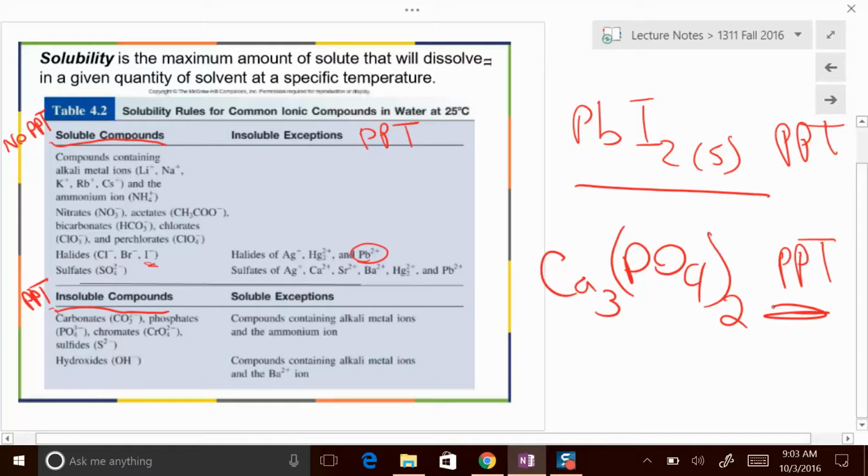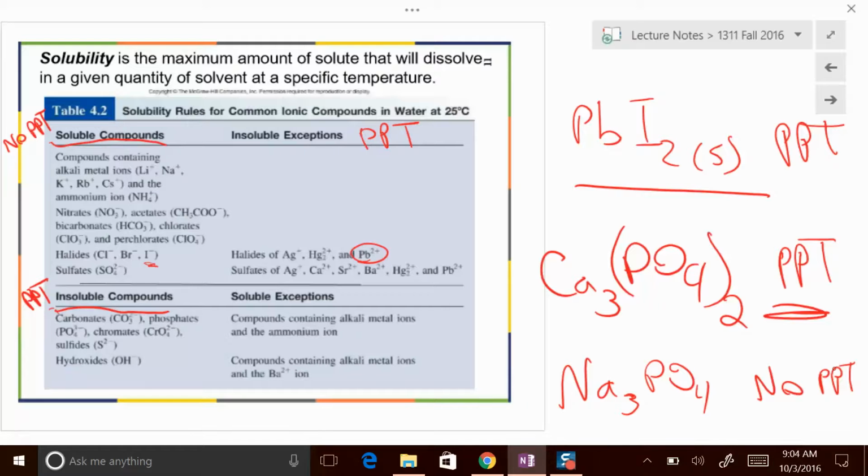So it will, in fact, be insoluble with phosphate. What would not be? Sodium phosphate. Sodium phosphate would not be insoluble. It would be soluble. So this would be no precipitate because it is an alkaline metal. Okay? What else could I stick on that phosphate besides an alkaline metal, according to the exceptions?